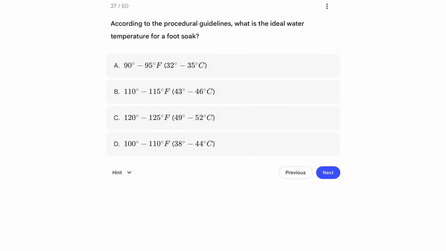We will get into the 27th. According to the procedural guidelines, please be seated. According to the procedural guidelines, what is the ideal water temperature for foot soak? For foot soak, not hand soak. Hand and foot care we have done.